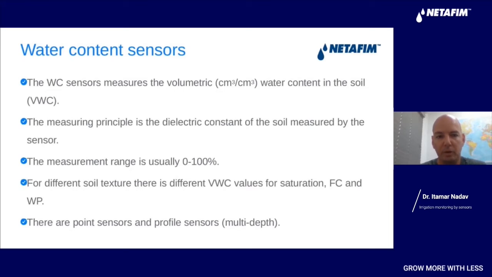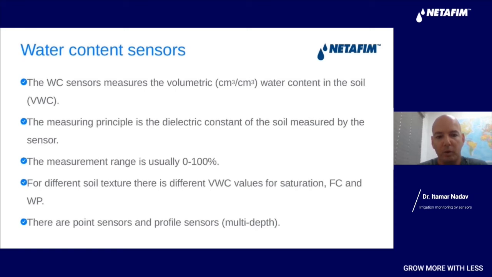The other type of soil water content sensor is the water content sensor. The water content sensors measure the volumetric water content in the soil. The measuring principle is the dielectric constant that the soil has, being measured by the sensors. The measurement range is usually between 0, which is totally dry soil, and 100, which is totally saturated soil.